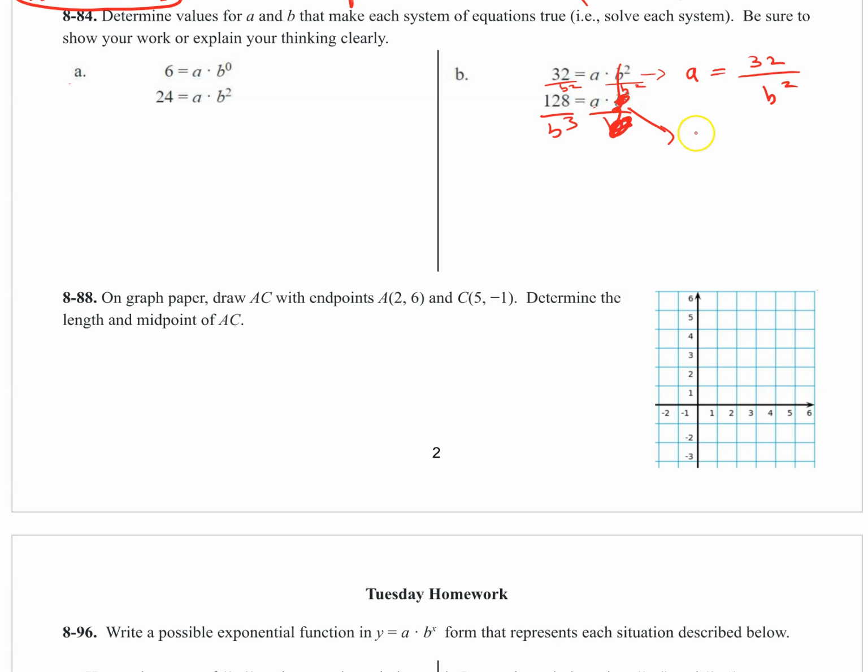So I get A equals, and I'm writing it in reversed order, 128 over b raised to the power 3. Okay, now we're going to use the equal values method. These things are both equal to A, so we can put them equal to each other.